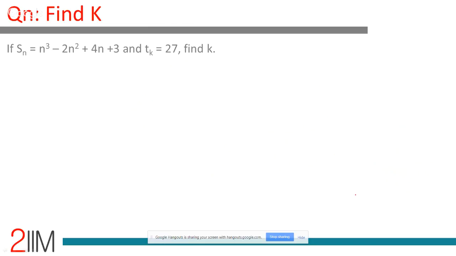Sum up to n terms is given to be n cube minus 2n square plus 4n plus 3. The kth term is 27. We need to find k here. What is the value of k for which the kth term is 27?